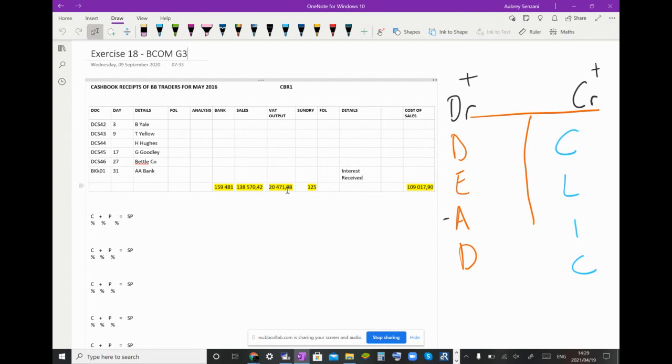Okay. Then the next one that we have here is purchase stationery. Purchase stationery. Now, do they say it's in the CPJ or in the petty cash or in the cash receipts? Do they say which one? They don't. So another tool would be to look at the source document.